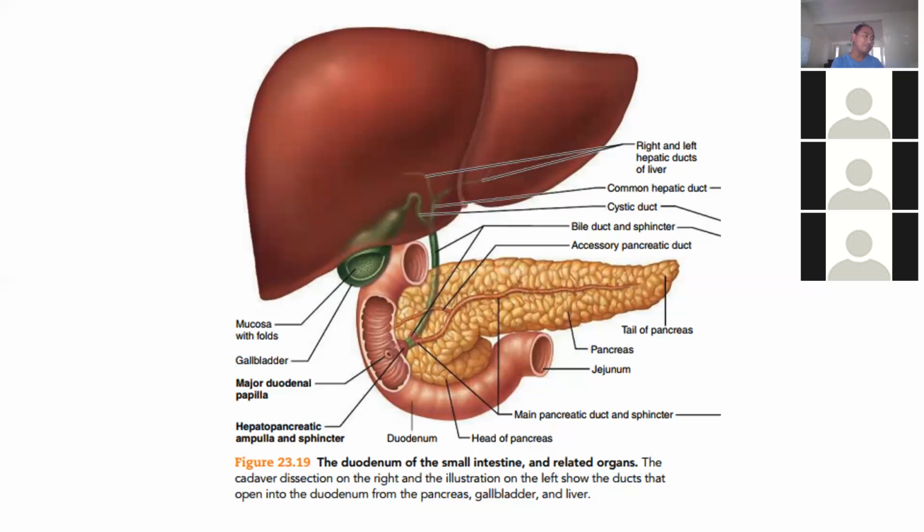And if there is any blockage of the stone in the common bile duct here, the bile from the liver or the gallbladder cannot drain into the duodenum. There will be backward pressure in the liver, and that will give us obstructive jaundice, yellow discoloration of the skin. So this is the hepatobiliary anatomy.